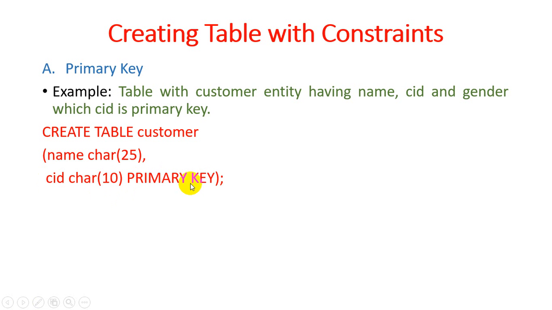If you want to do it from the table point of view, that is also possible: you just mention primary key and in round brackets you mention the column name. This is a column level defined primary key. The second option is known as a table level primary key. But now we will discuss the column level primary key.